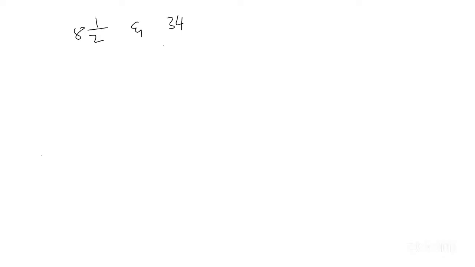You can convert this to decimal also. You can convert this to improper fraction also. We will convert it to improper fraction. Multiply these two, and then add these two. So 8 times 2, 16, plus 1, 17 by 2 divided by 34.